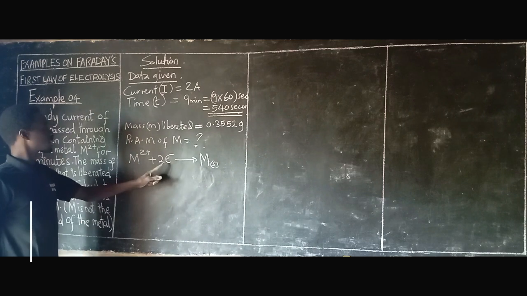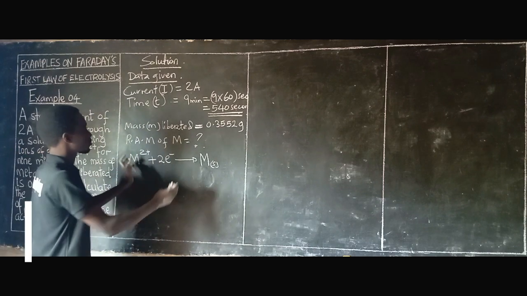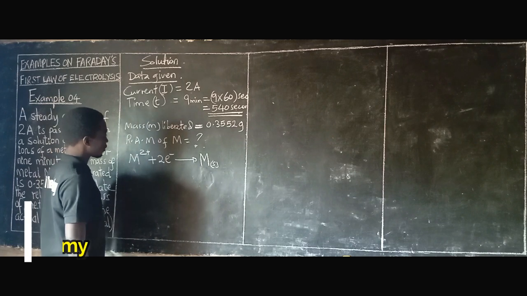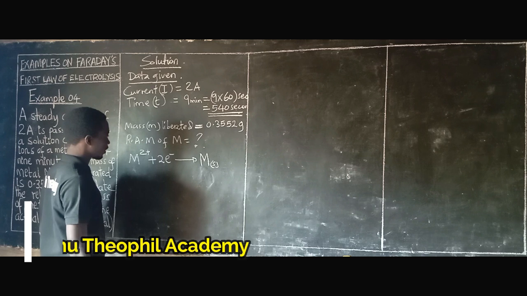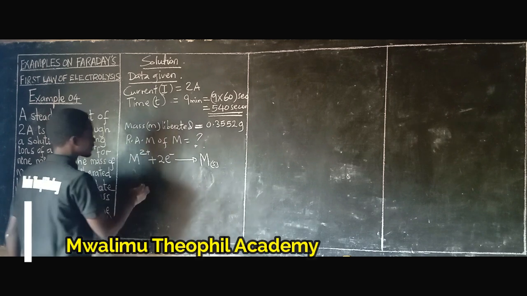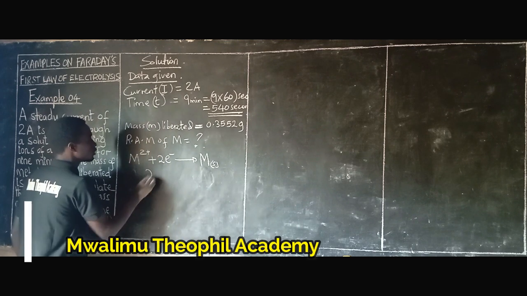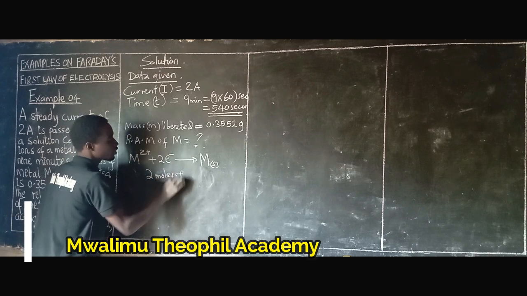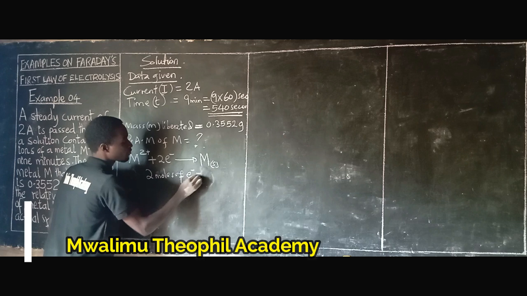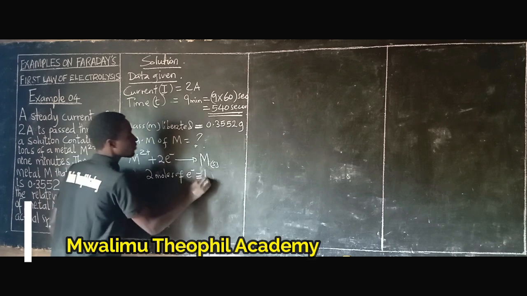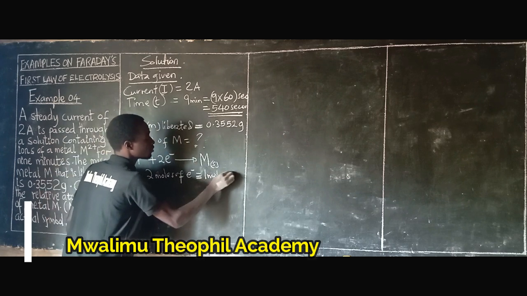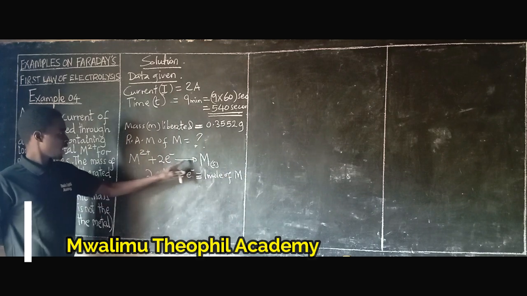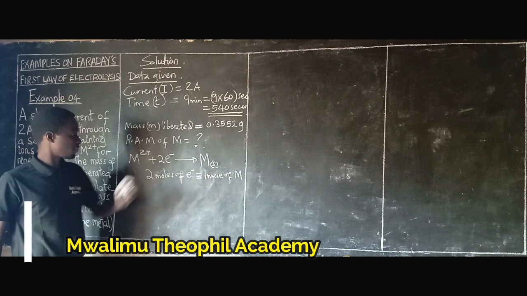We can balance the chemical equation by using the concept of mole. By using mole concept and the general idea of stoichiometry, from the balanced chemical equation, 2 moles of electrons are equivalent to 1 mole of M. As you see, 2 moles of electrons are equivalent to 1 mole of M.